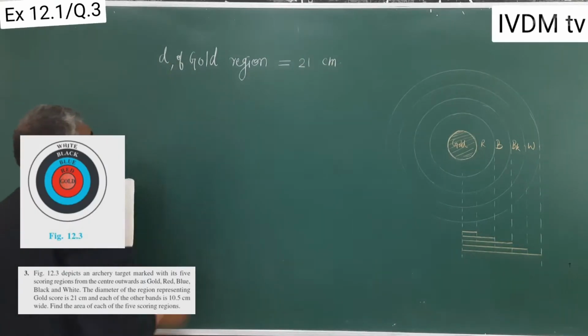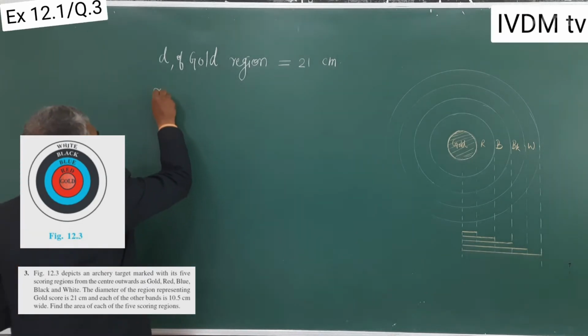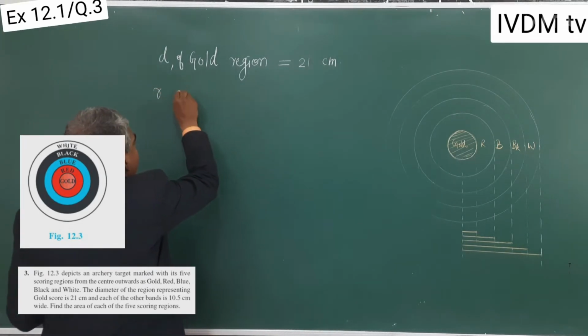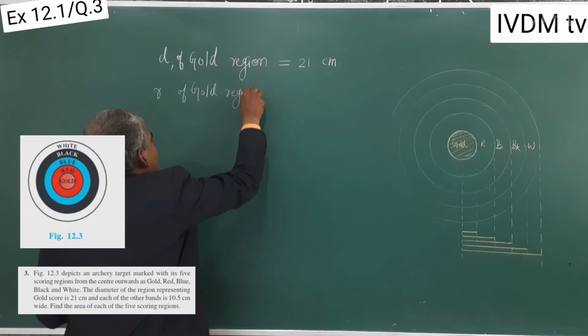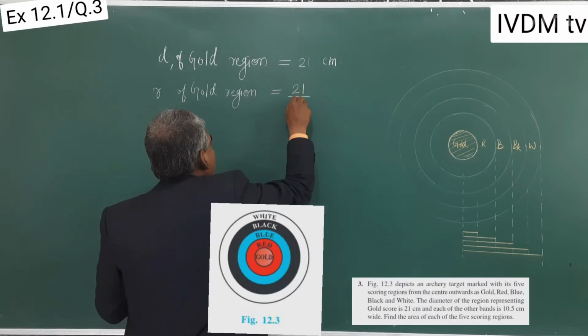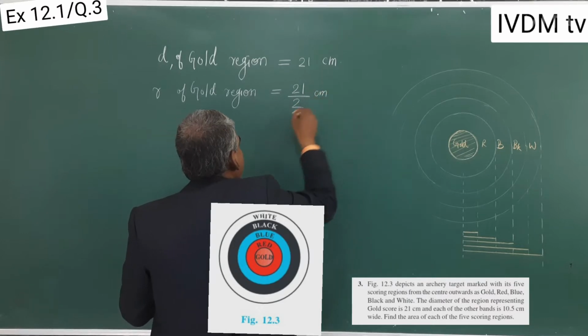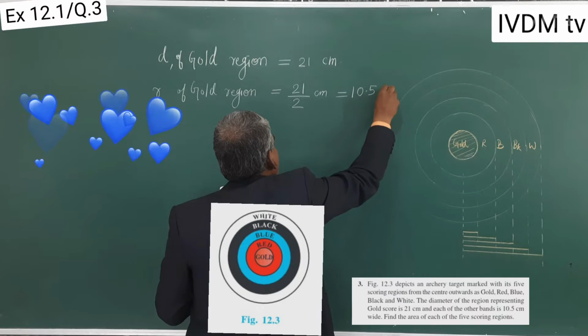If diameter D is given, you can find the R of the gold region, which is equal to half of this. 21 upon 2 centimeter means 10.5 centimeter.